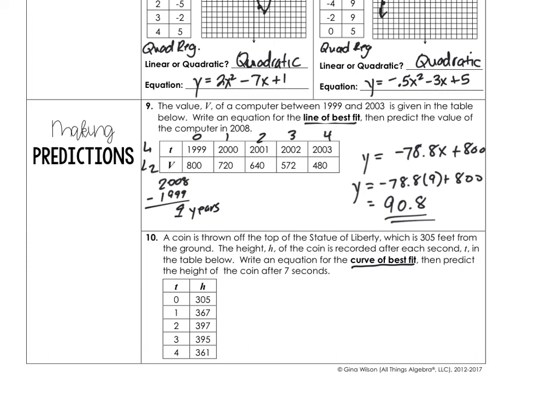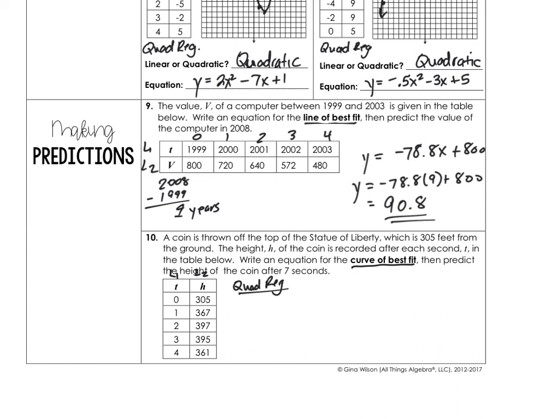Number 10, a coin is thrown off the top of the Statue of Liberty, which is 305 feet from the ground. The height h of the coin is recorded after each second in the table below. Write an equation for the curve of best fit, then predict the height of the coin after 7 seconds. So this is my L1, this is my L2, and this time we're running quadratic regression.